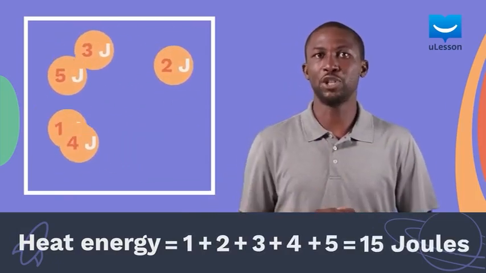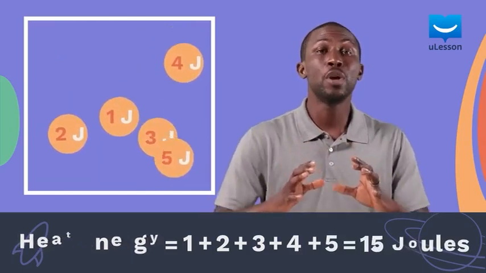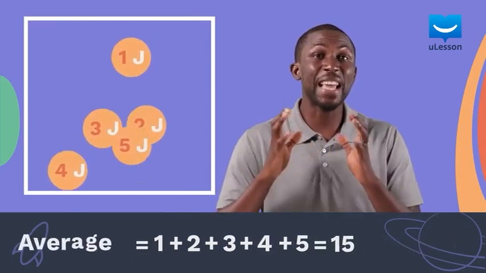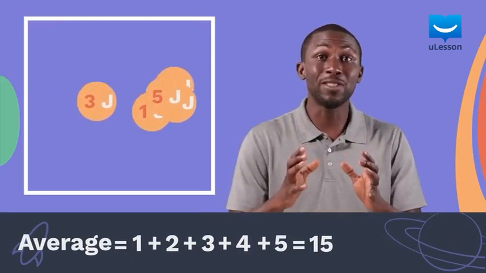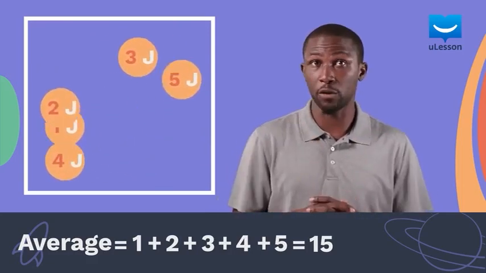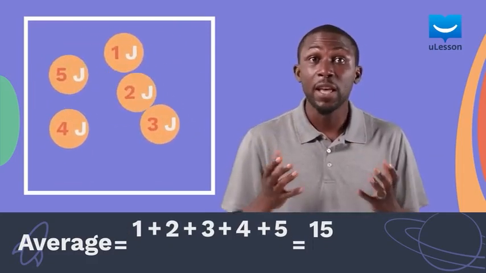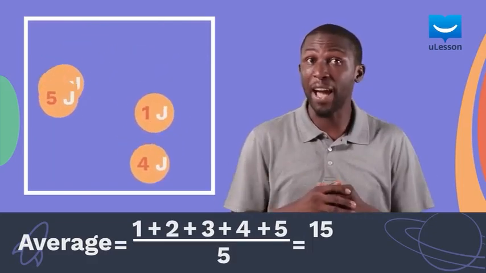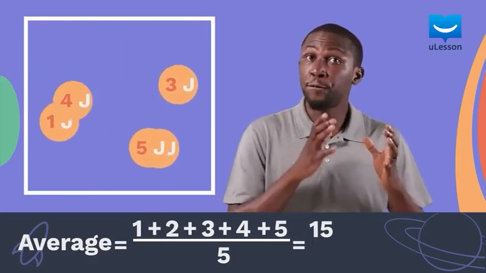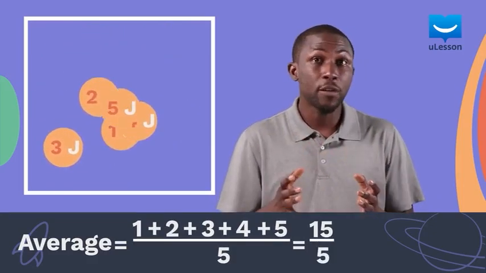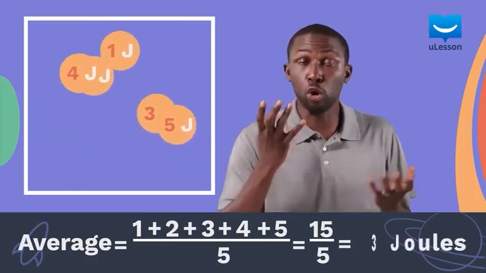Now, what about the temperature? All we need to do is to find the average kinetic energy, and that is going to give us an indication of the temperature. The average is the sum of the energies divided by how many molecules we have. This will be 15 over 5, which is going to give us 3 joules.